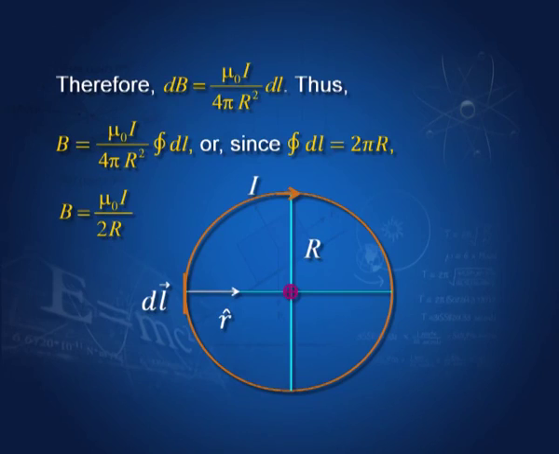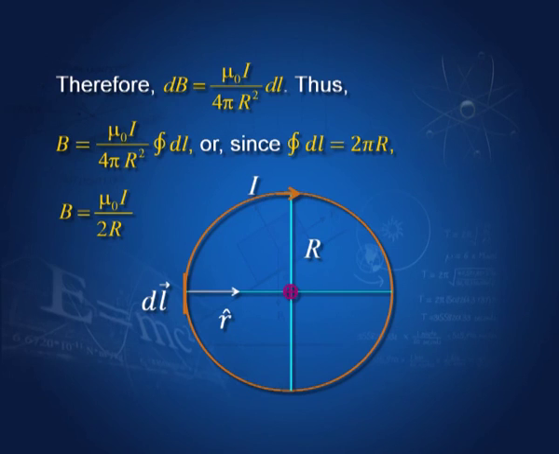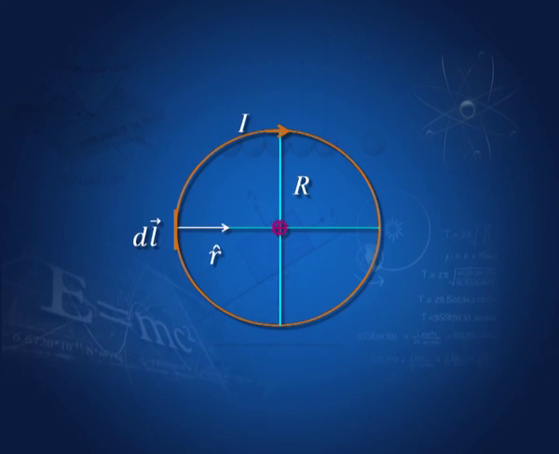So, simply integral over d l, and integral over d l is 2 pi r. Therefore, the result is B equal to mu 0 I by 2 r. You remember this result, we got it using Ampere's law. So, once again we verify the same result.